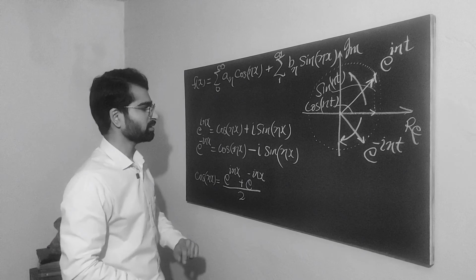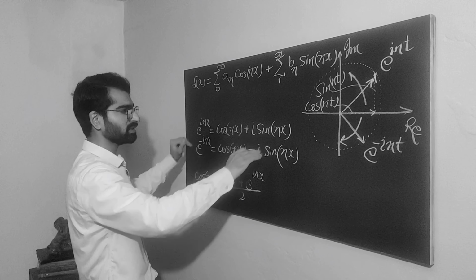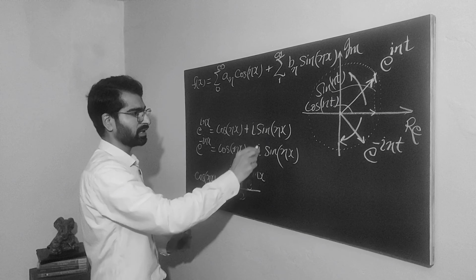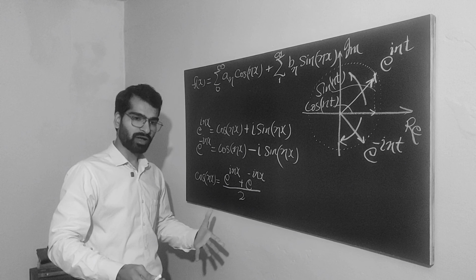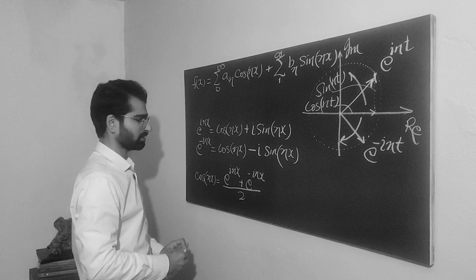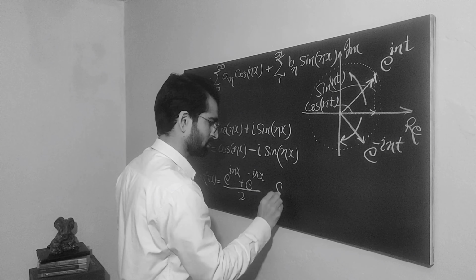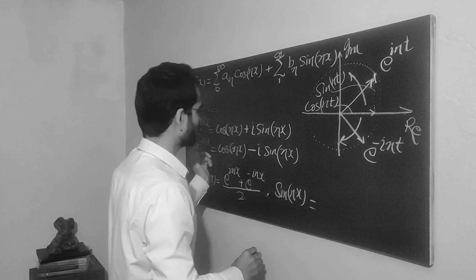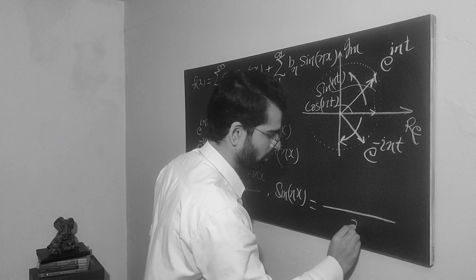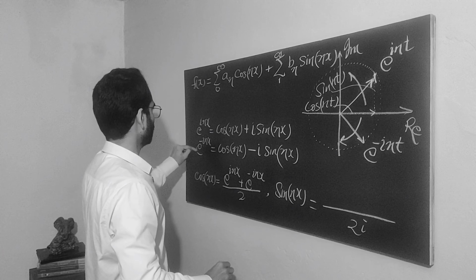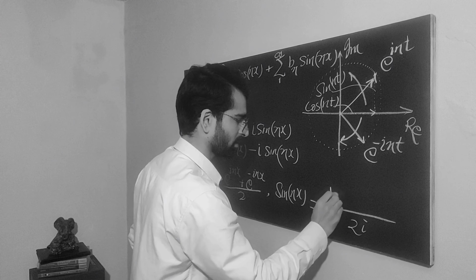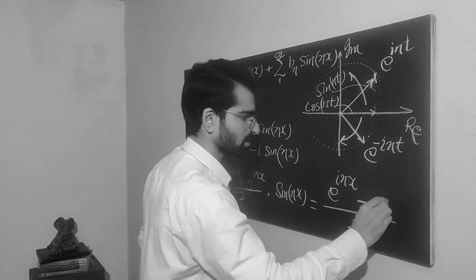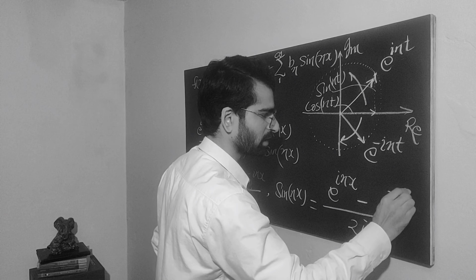If you want sine, well, you can subtract these two equations, then these cosines go away, and you get 2i times sine, and so you are going to get sine of n x, and the 2i that you're going to have will go downstairs. And now you have to subtract that, you get e to the i n x minus e to the minus i n x.